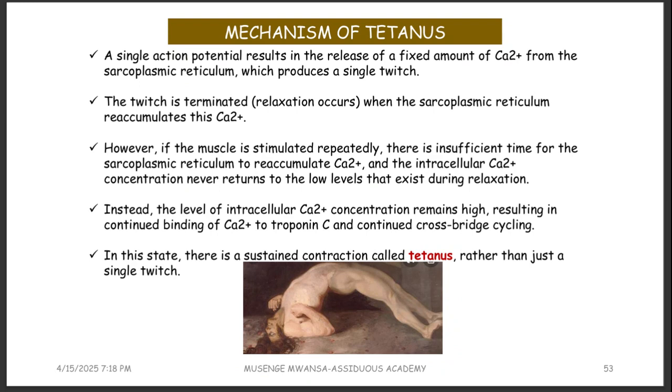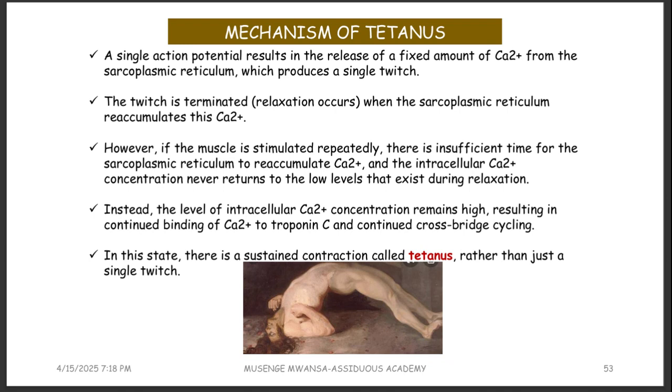That twitch is going to be terminated when relaxation occurs, when the sarcoplasmic reticulum takes back that calcium. But sometimes when the muscle is stimulated repeatedly, there is not enough time for the sarcoplasmic reticulum to take back all the calcium, and so the calcium in the cytoplasm doesn't go back to the sarcoplasmic reticulum.